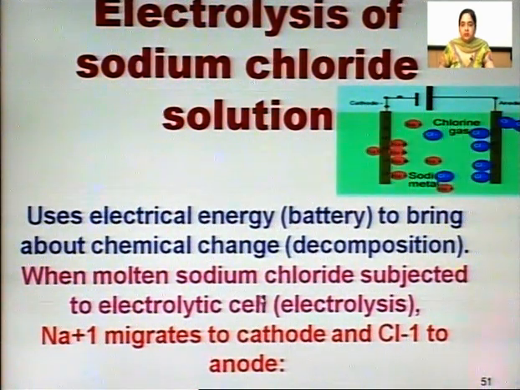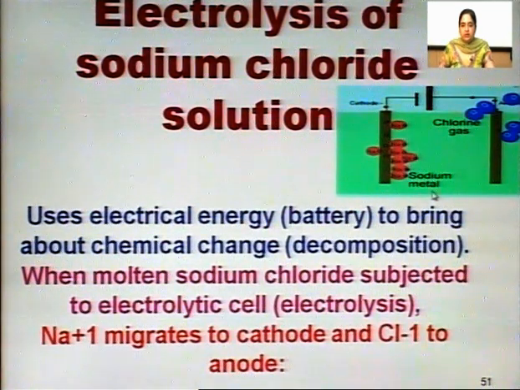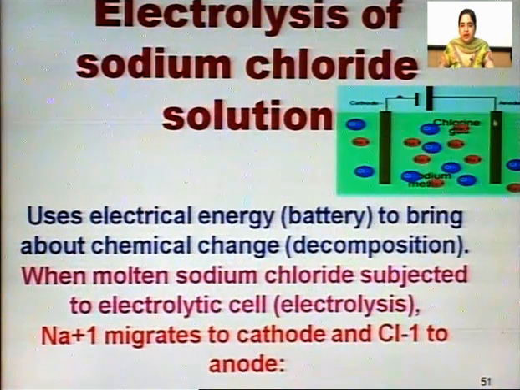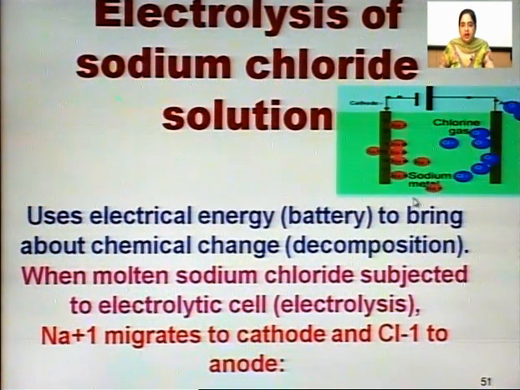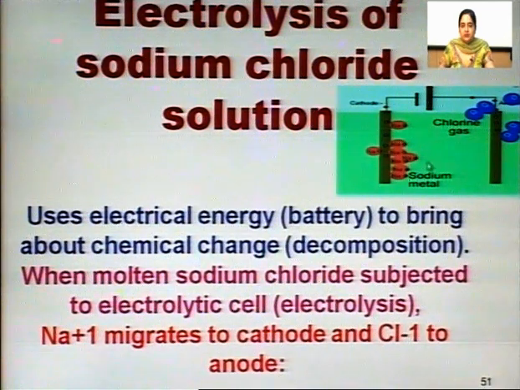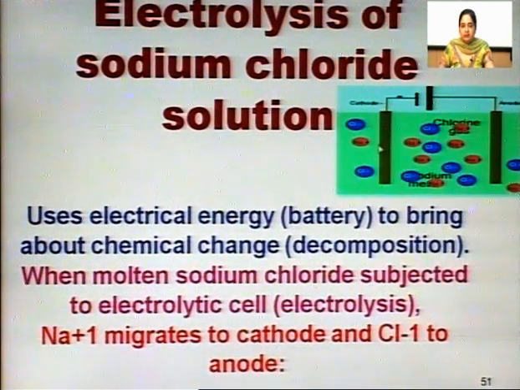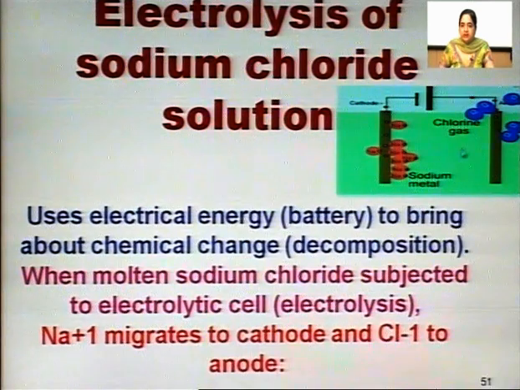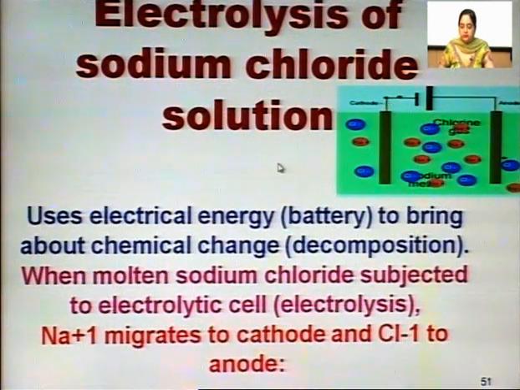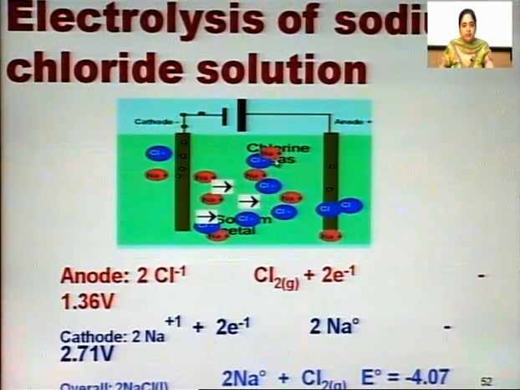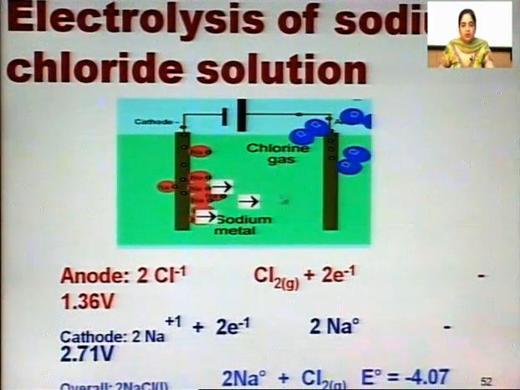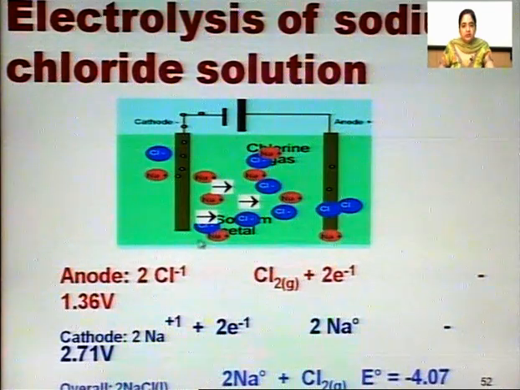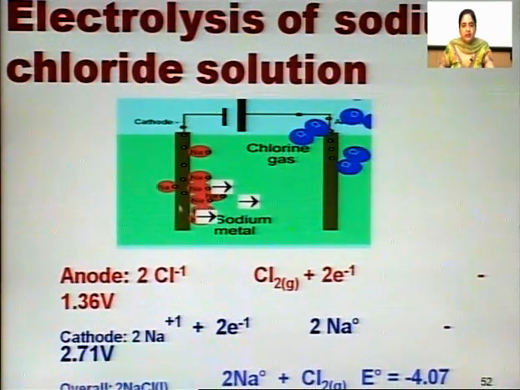When molten sodium chloride is subjected to electrolysis, if you see this picture, the sodium ions migrate to the cathode and the chloride ions migrate to the anode.